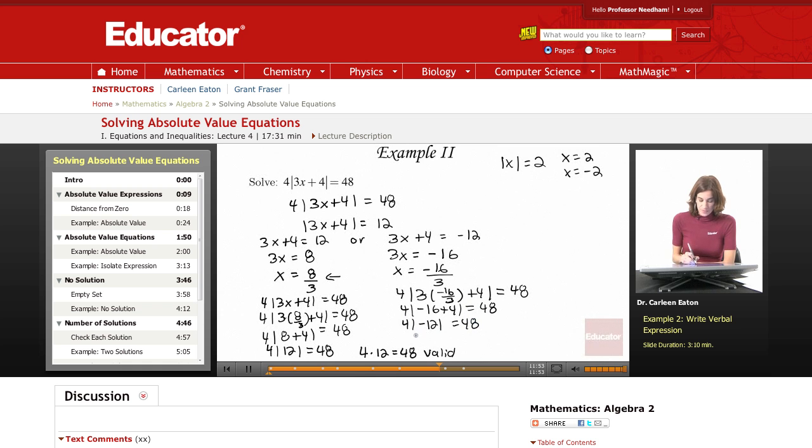The absolute value of negative 12 is 12. So again, I come up with 4 times 12 equals 48, and that is a true statement. So both of these solutions are valid. This time I had two solutions, 8/3 and negative 16/3.